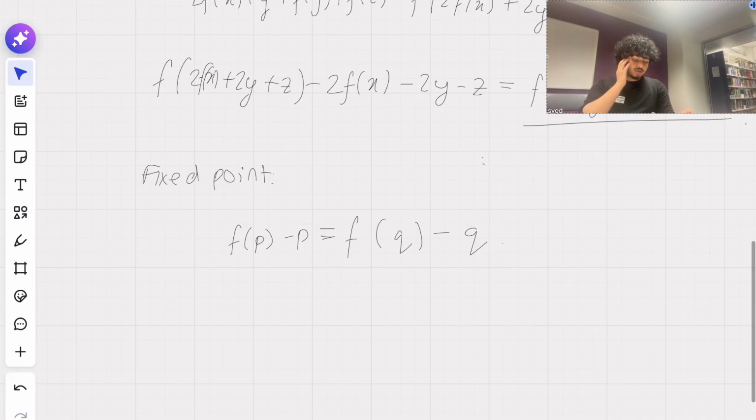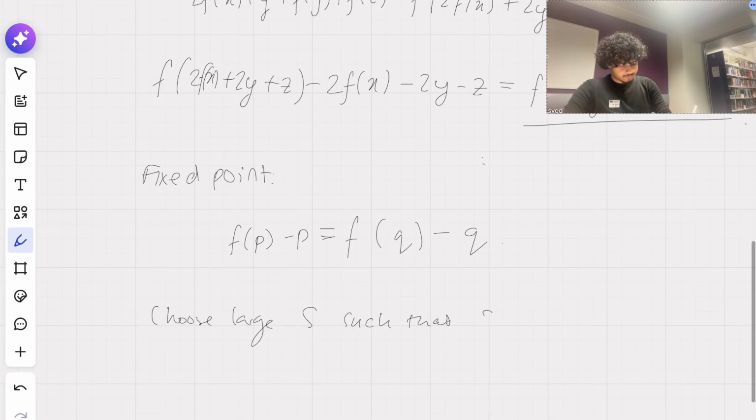What we're going to do is use the fact that f is surjective after 2f of a, and we're going to choose a large number s such that s is greater than 2f of a, and s minus p is greater than 2f of a, and s minus q is also greater than 2f of a.